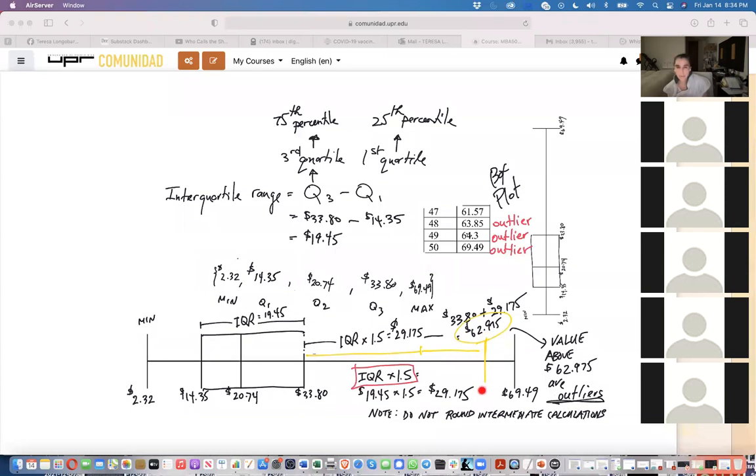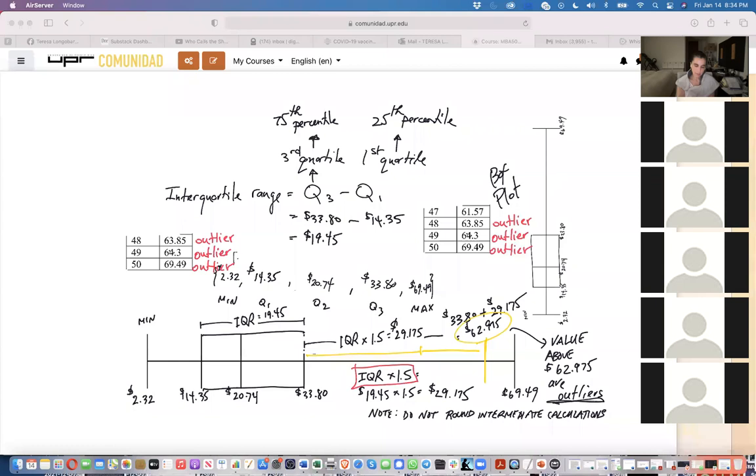And this number was computed by 33.80 plus 29.17. That's how I found it. And this is the threshold above which all the outliers are. Okay, good. I know it's hard to write and follow at the same time, but you'll get it.